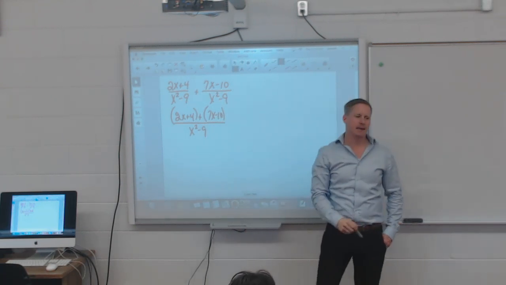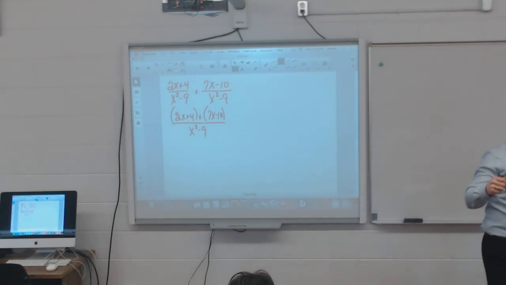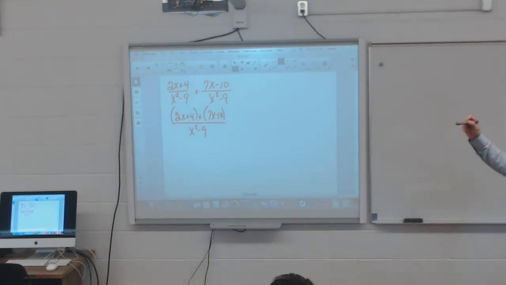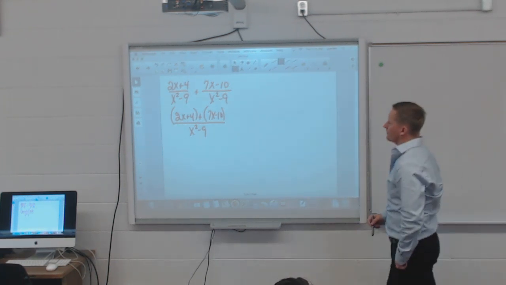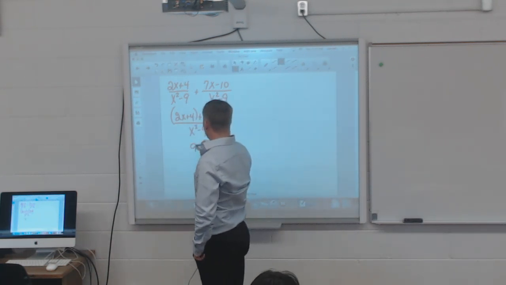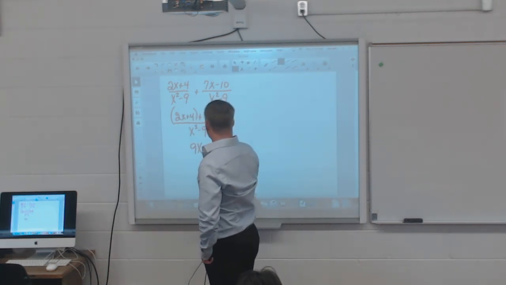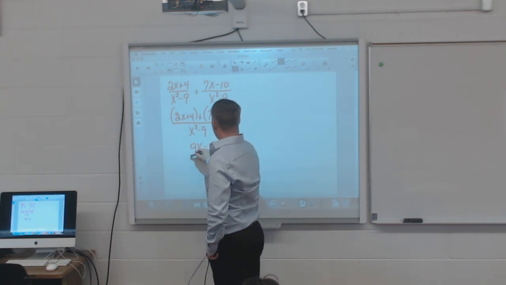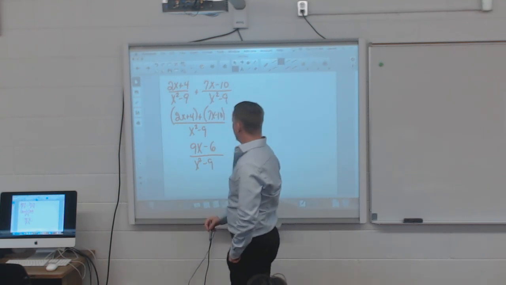The reason I put it in brackets is if I'm subtracting, I sometimes forget to put the negative through. So I'm leaving it like that. Okay, now let's simplify the top. 2x and 7x make 9x. 4 subtract 10 is negative 6. So that's over x squared minus 9.